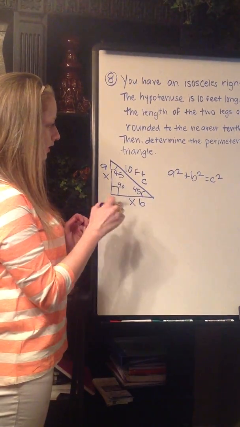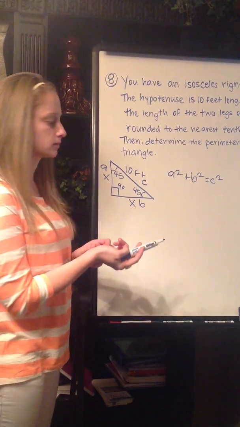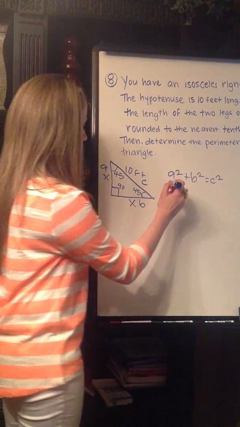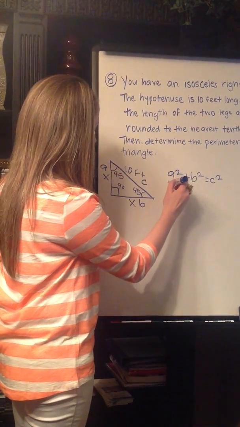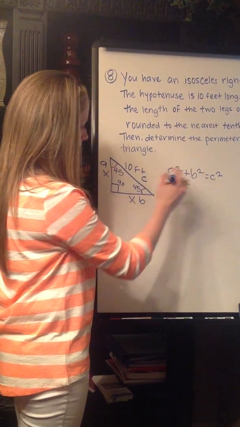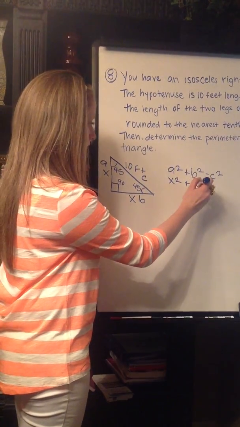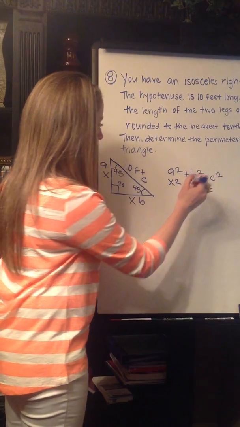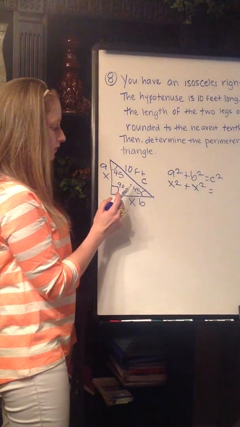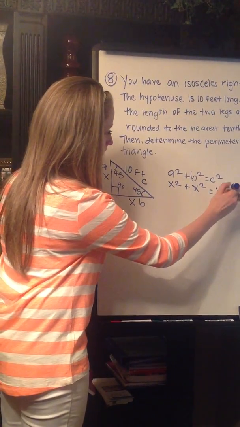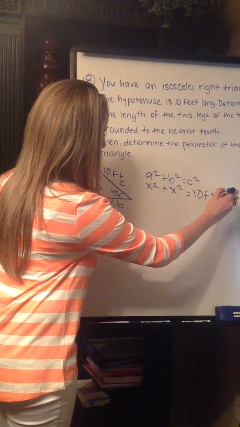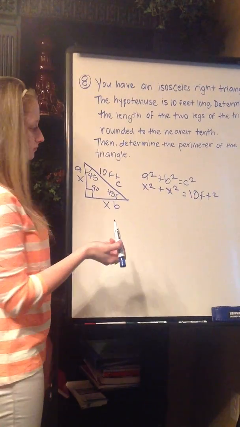Now we need to put our information into the Pythagorean theorem to solve the problem. So we have a squared, which is x squared, plus b squared, which is x squared, equals c squared, and c is 10 feet. So we have equals 10 feet squared.